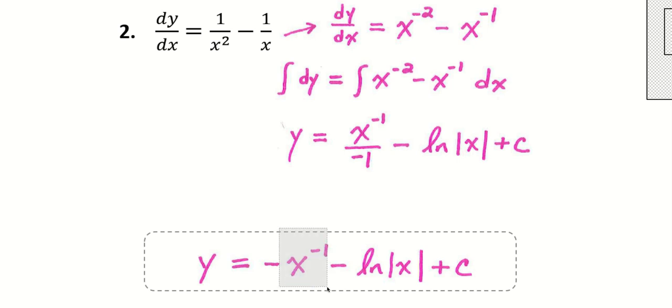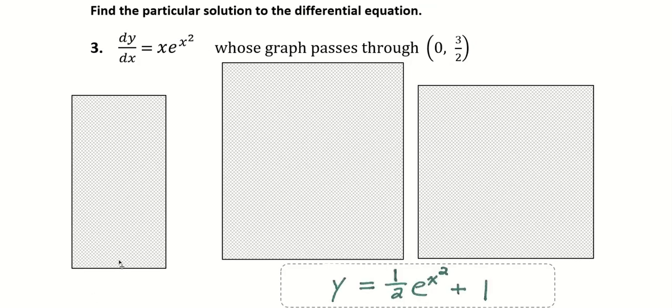Most people would argue that might be a bit better, to have that written instead of having a negative power, so negative 1 over x minus the natural log of absolute value of x plus c.